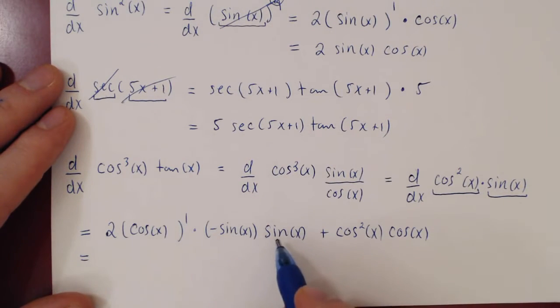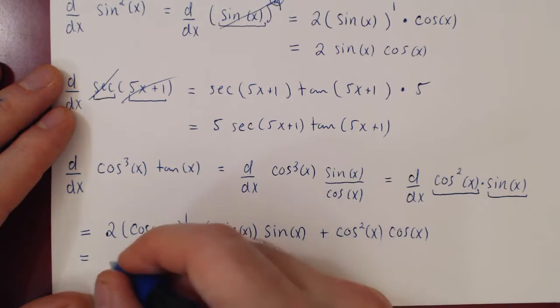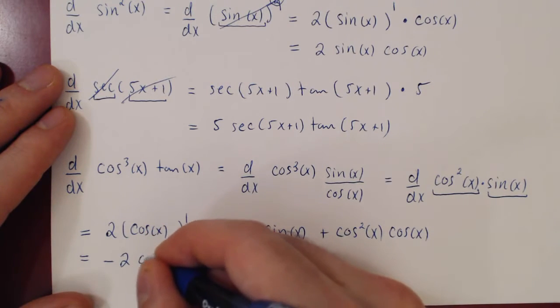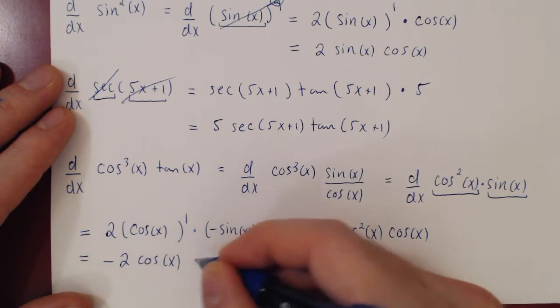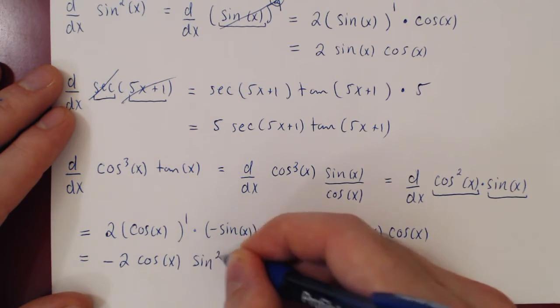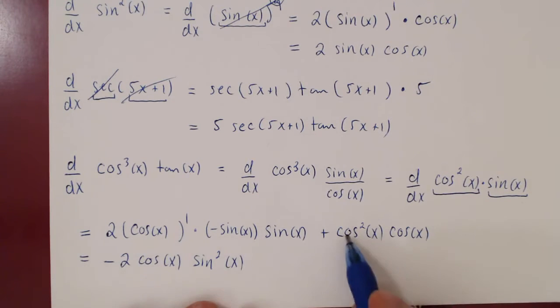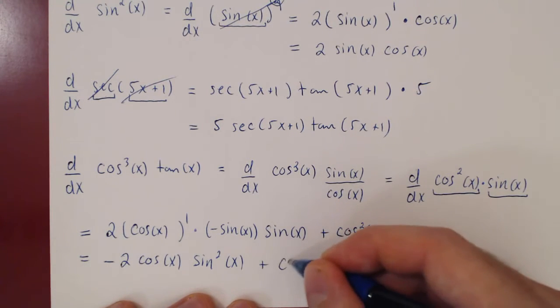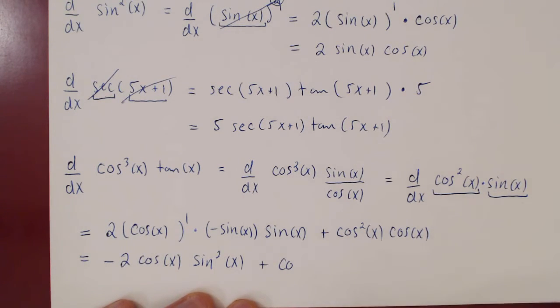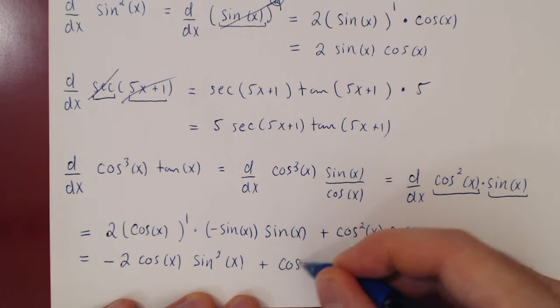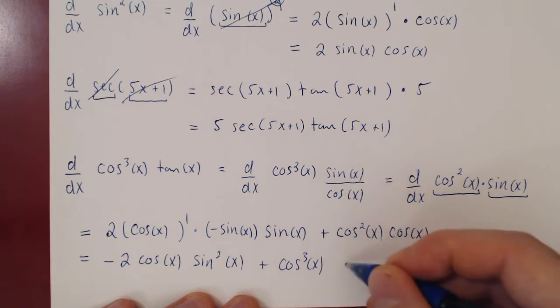Well, negative sine times sine is negative sine squared. We'll pull the negative up front, and we'll have negative 2 cos of x sine squared of x. That takes care of this term, plus cos squared times cos of x leaves you with a cosine cubed of x.